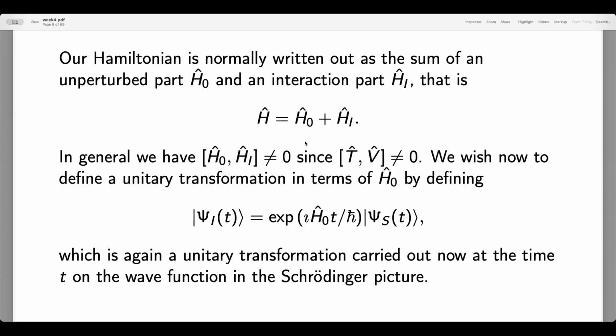So that means that we have now defined a new transformation compared to the one which we had previously. So this is again a unitary transformation, and it's carried out at the time t on the wave function in the Schrödinger picture. So when you see this subscript s here, that means that this is the wave function which we had in the Schrödinger picture.